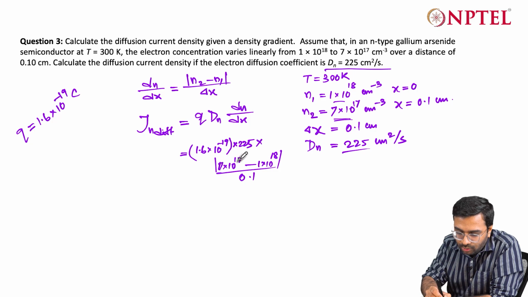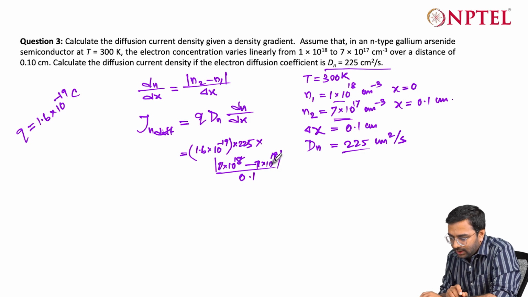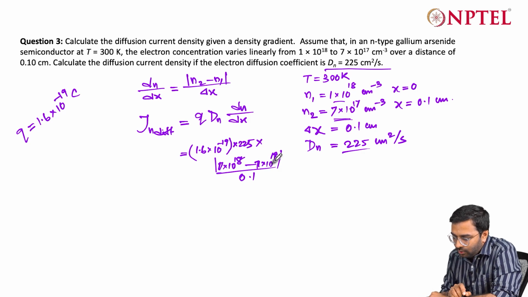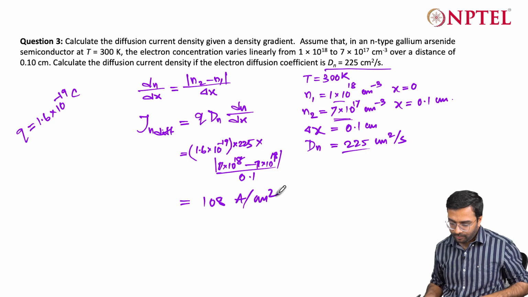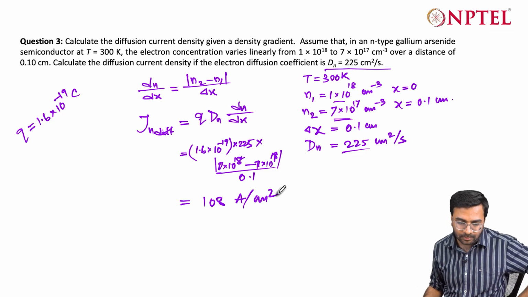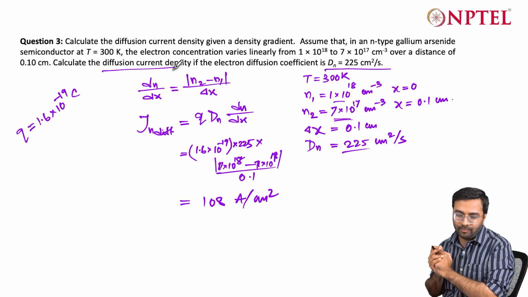So, it will be 1 into 10 to the power 18 minus 7 into 10 to the power 17, and if you do this calculation, you will get a value which is 108 ampere per centimeter square. So, this is the diffusion current density in this particular problem.